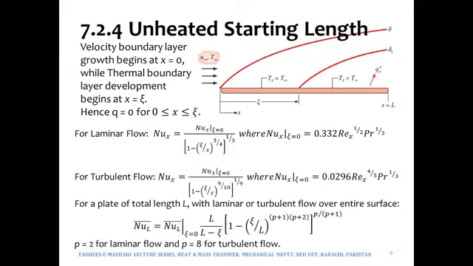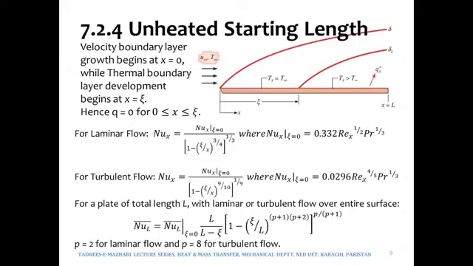Or it may be unheated starting length in some cases, or there may be other instances where you may end up selecting a wrong expression for Nusselt number. This is what you should be very careful about. From that list of the expressions of Nusselt number, you should be able to select the most appropriate expression. This is what you need to be very good at. You do not need to learn those expressions by heart, of course.